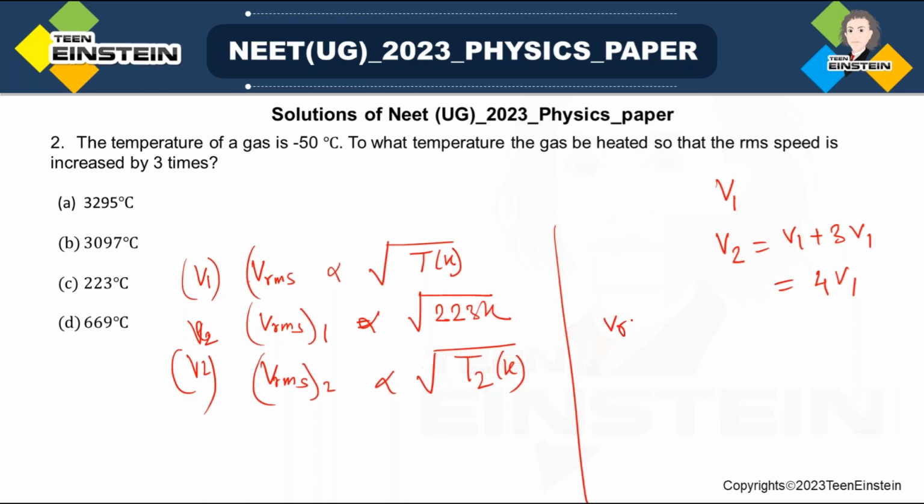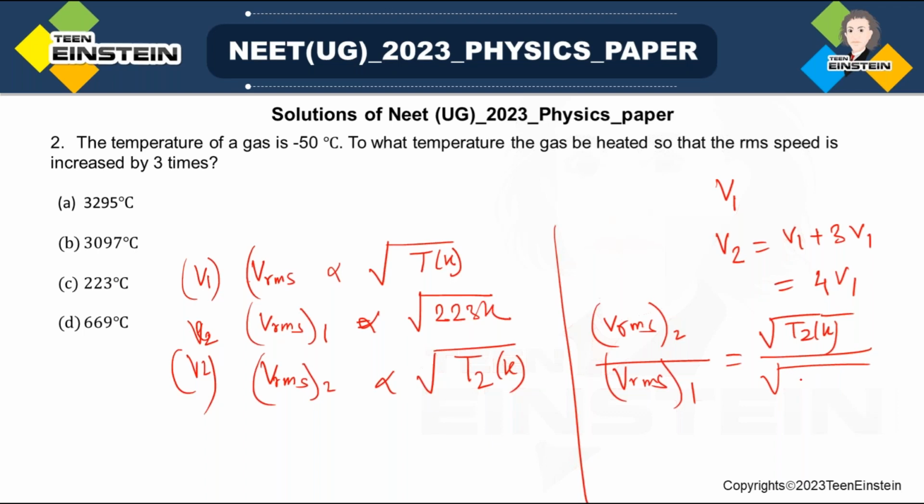So let us say V RMS 2 divided by V RMS 1 is equal to, since V RMS is directly proportional to root T, root T2 in Kelvin divided by root T1.